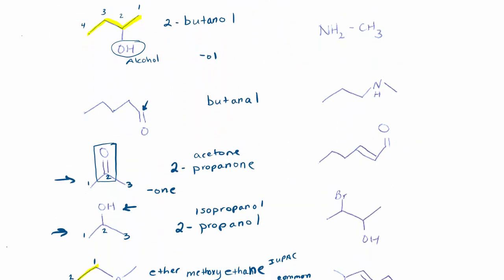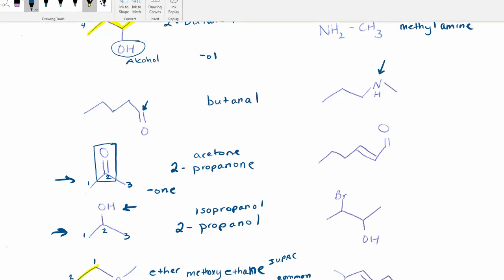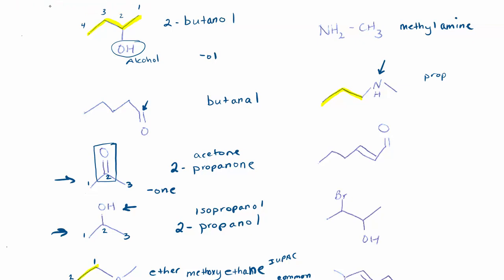Here we have an amine. So we would name this methylamine. Here we have another amine. Now, just like the other IUPAC rules, we find the longest carbon chain and name that. So this would be propane.